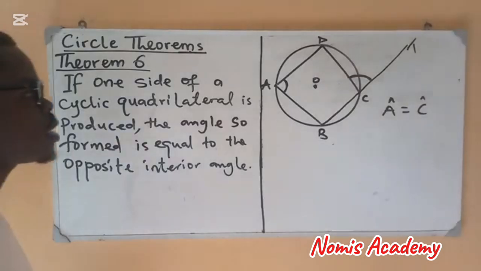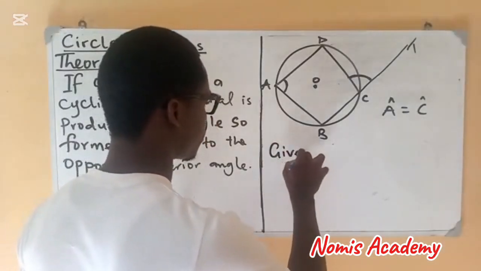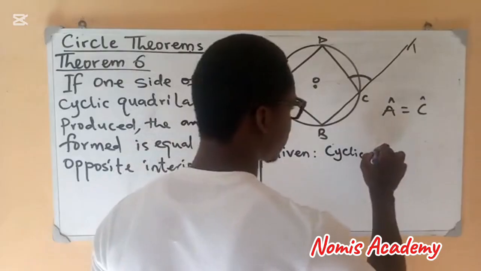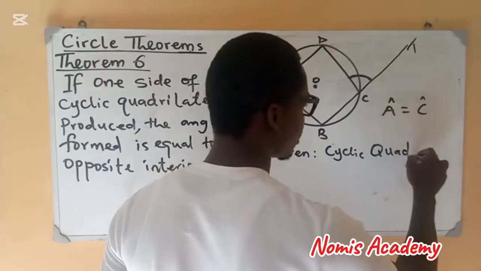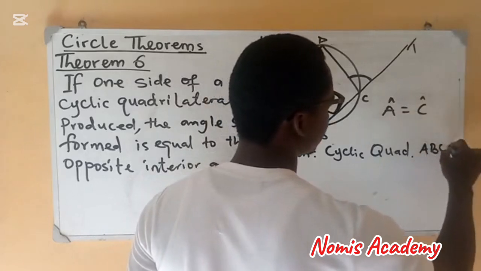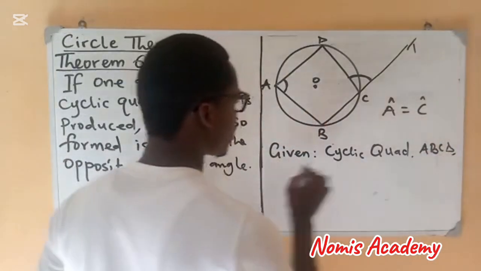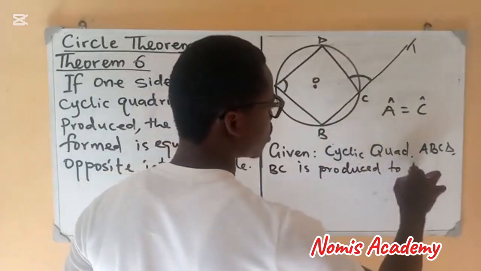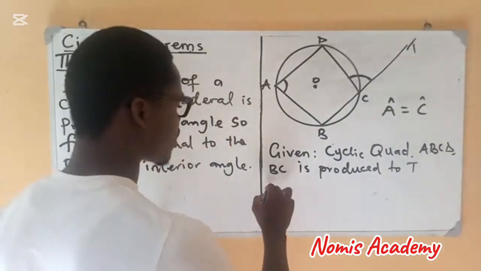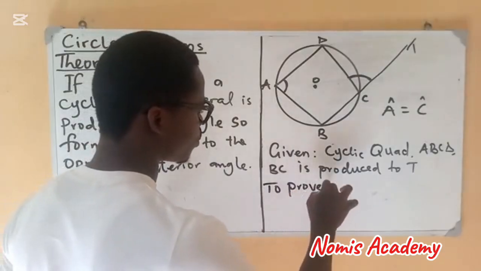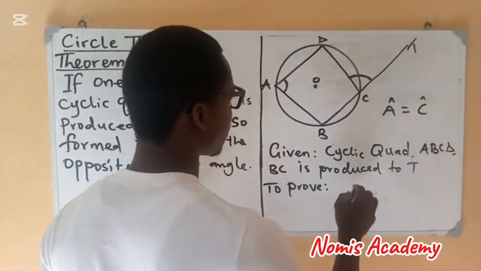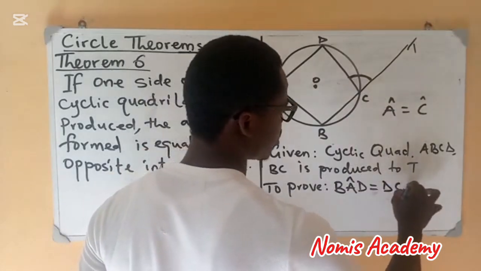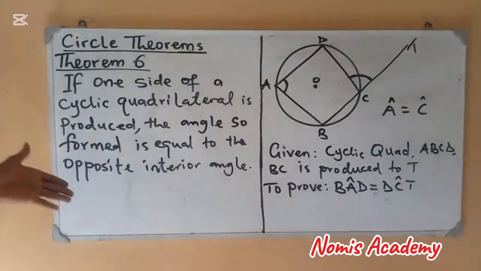So now let's prove this theorem. Proof. Given a cyclic quad, we use the short form of quadrilateral, ABCD, and BC is produced to T. We are to prove that angle BAD is equal to angle DCT, according to the statement in the theorem.